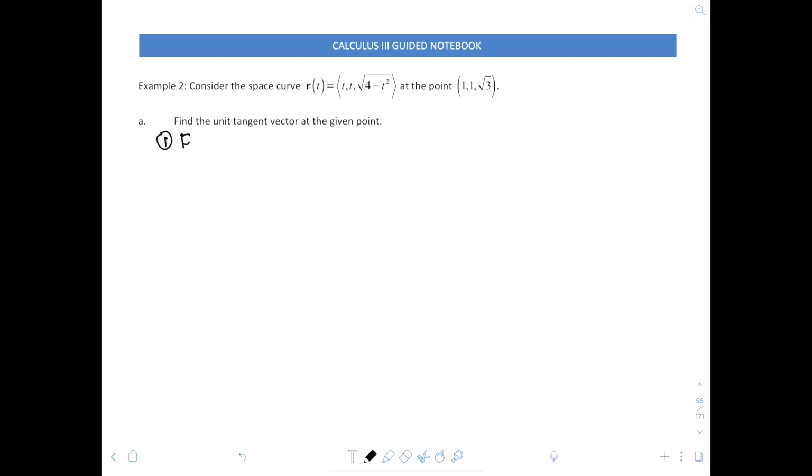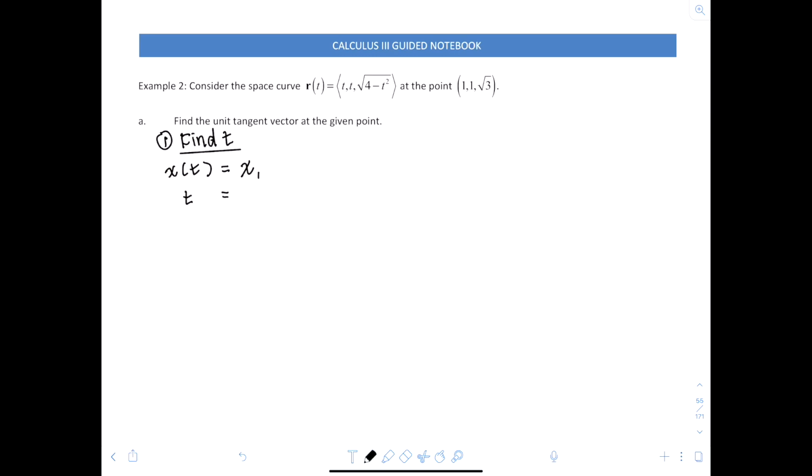First, we have to find t, don't we? So to find t, what do we know? We know that x at t is equal to x1, right? Well, what was x at t? Beautiful. x at t was just t. That's from the first component of that vector.